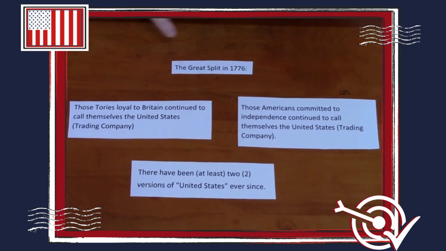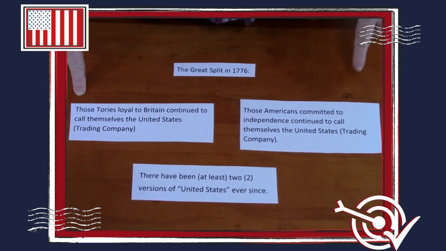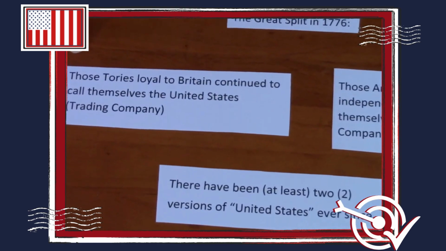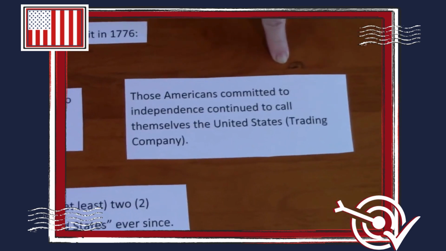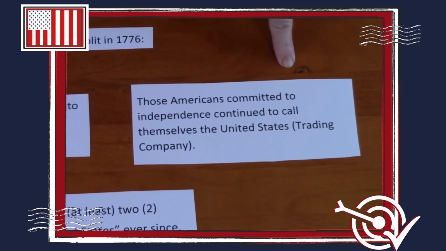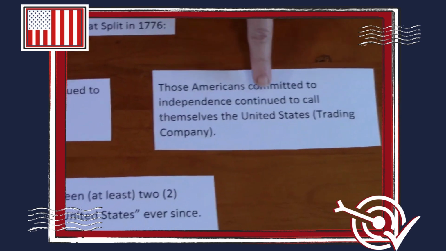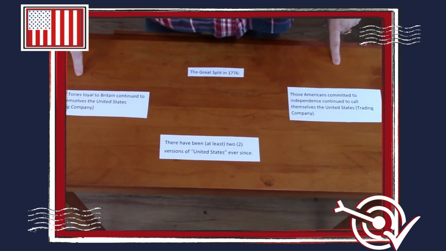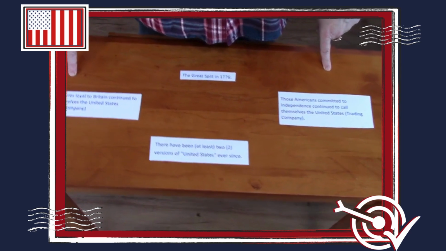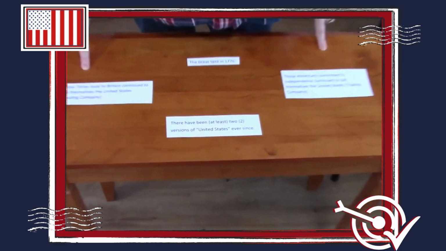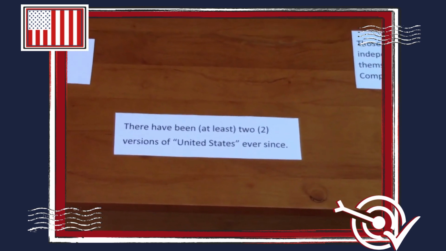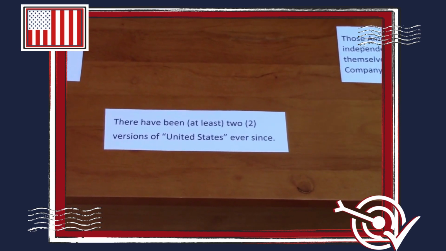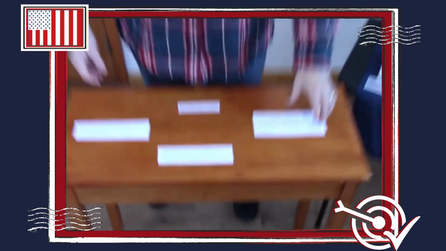So you wound up in 1776 with the Tories, who supported the British in the fight, and the Americans, who were committed to freedom, splitting off into two separate groups. Each one continued to call itself the United States. And so there have been at least 2 entities calling themselves United States ever since.